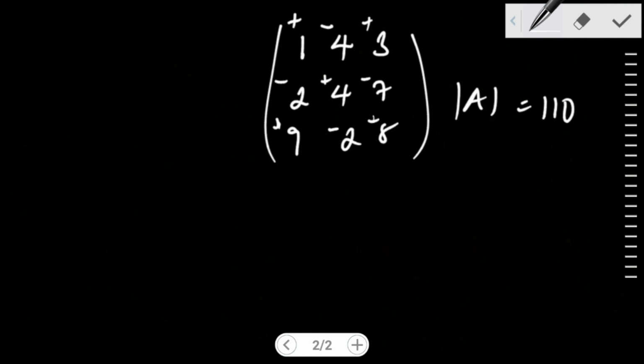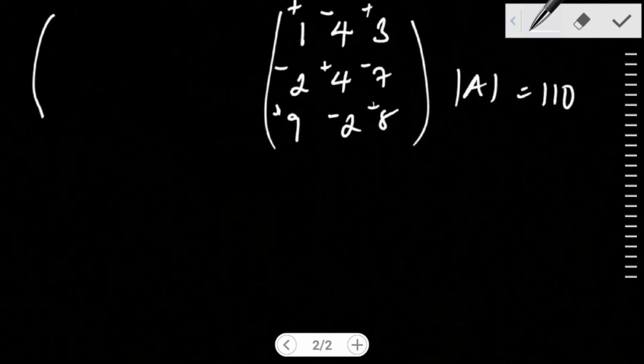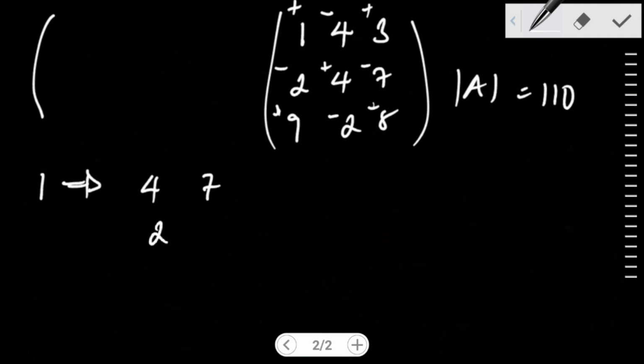So out of that, let's determine the cofactor of 1, and we shall be placing them in here. For the cofactor of 1, we remain with 4, 7, 2, 8. We determine this in the form of a determinant, and therefore we get 4 times 8 minus 14.